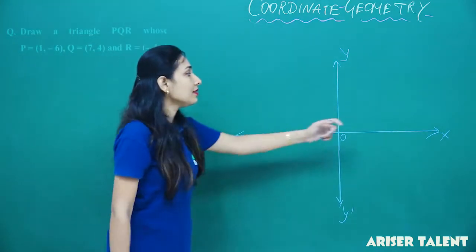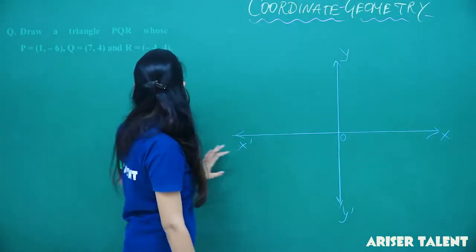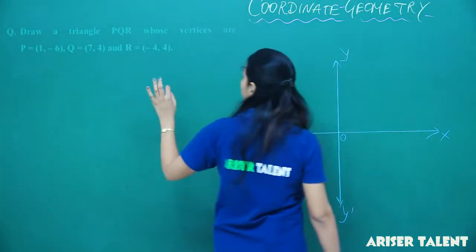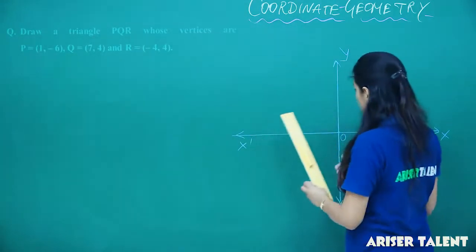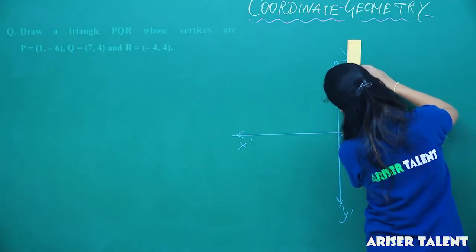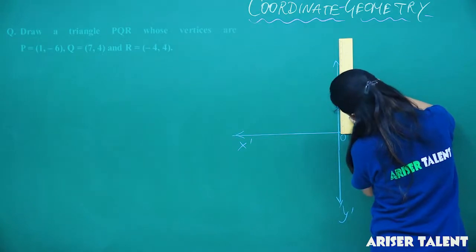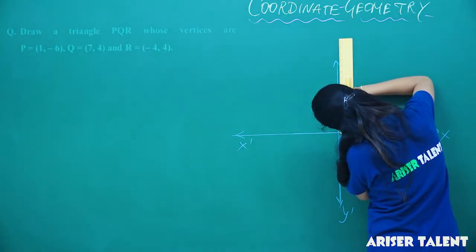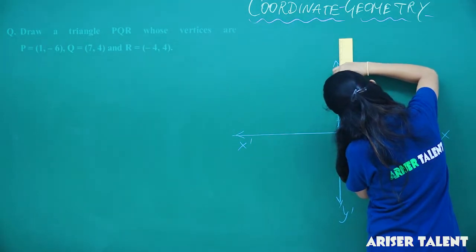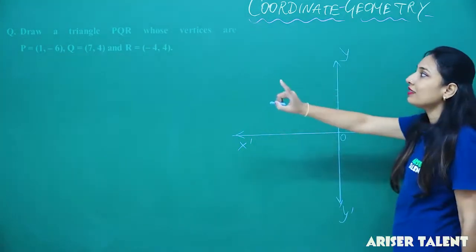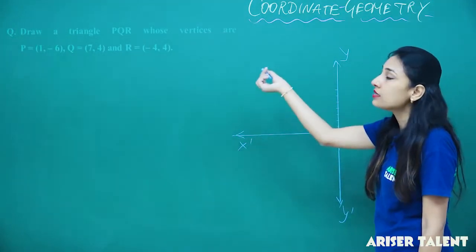Now this is plus, this is minus, this is plus, this is minus. Now what I'm having here, some numbers from 0 to 7, the highest is 7. So I can plot it like 1, 2, 3, 4, 5, 6, 7, and in your notebook you have to also plot it like 1, 2, 3, 4, 5, 6, 7. At max there is a coordinate in abscissa and it's 7, the highest one.